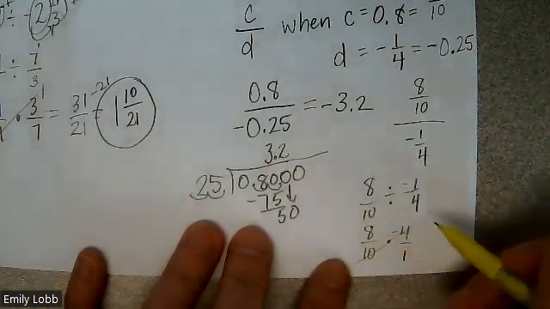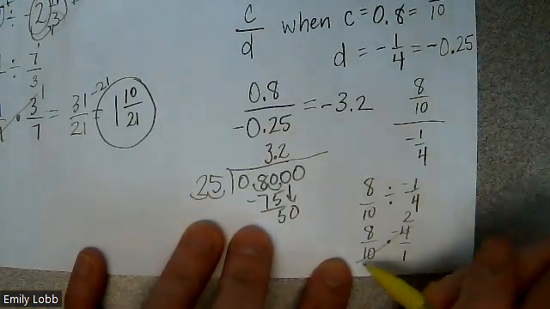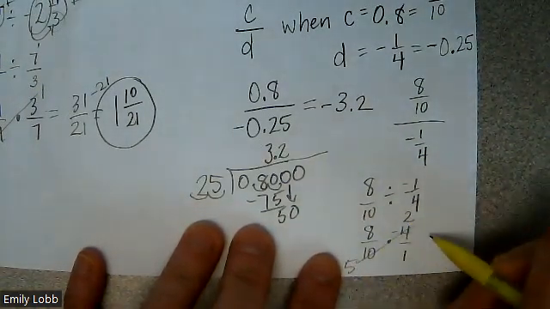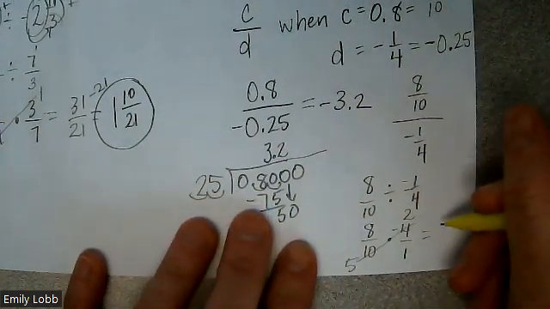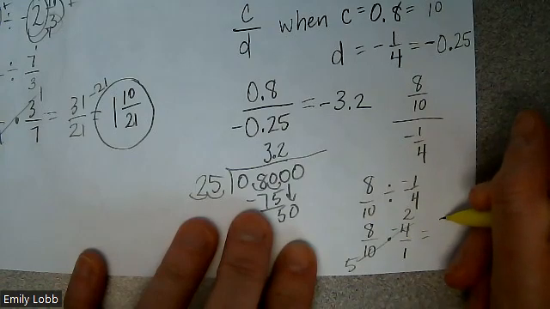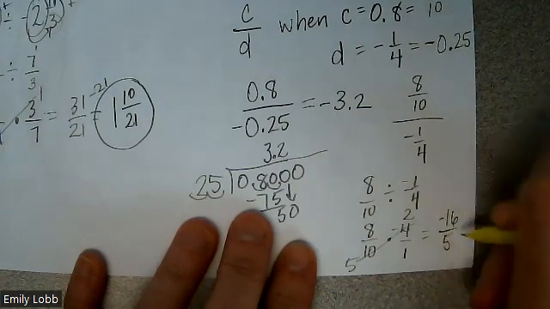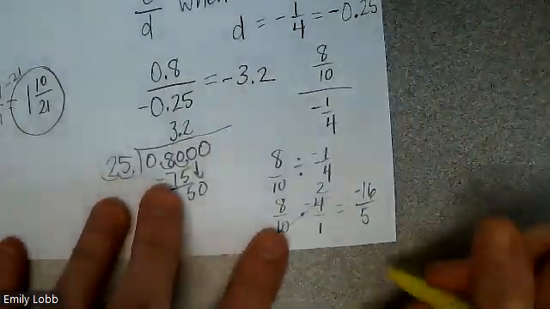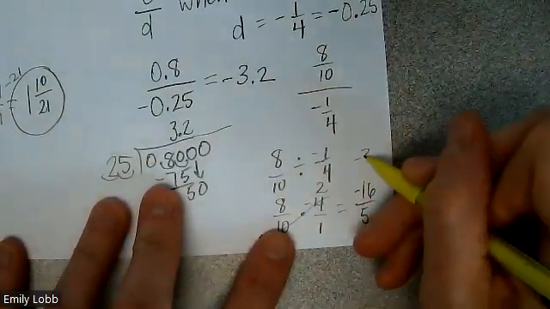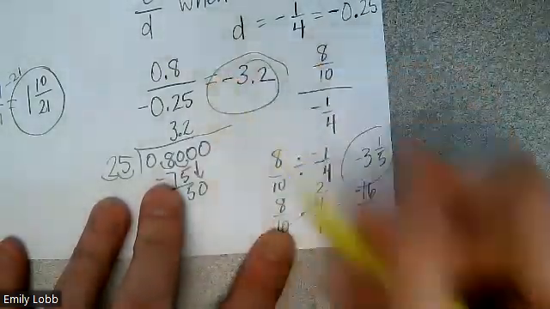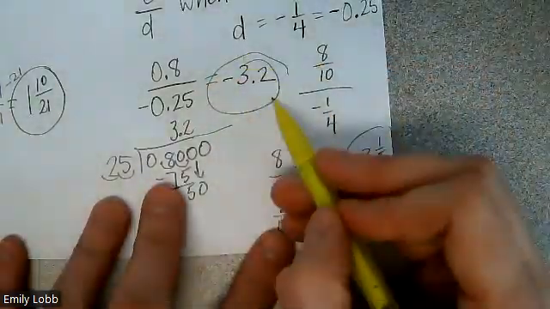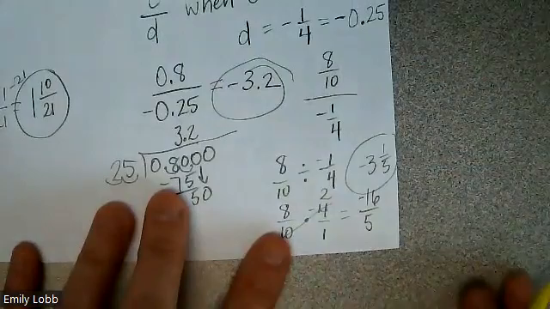I would cancel out a 2, so negative 2 and 5. This becomes 16. Negative 16/5. So this is negative 3 and 1/5. Which is the same as 2/10, right? 1/5 is the same as 2/10. That makes sense. All right, so 2 ways to go about doing this.